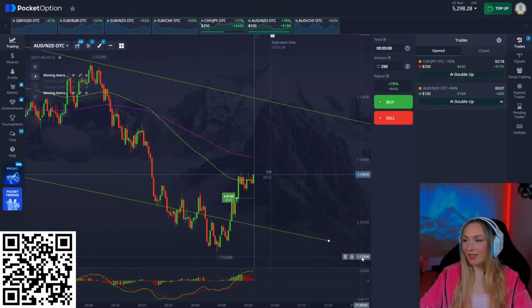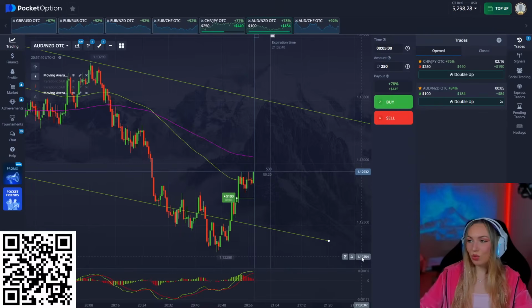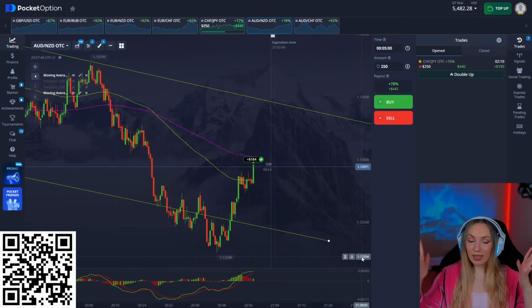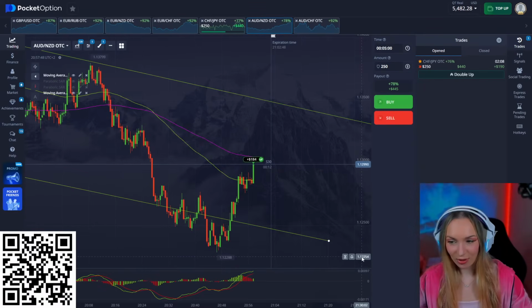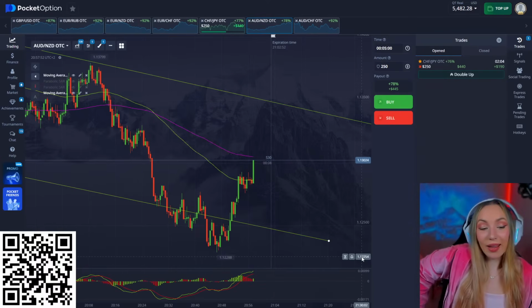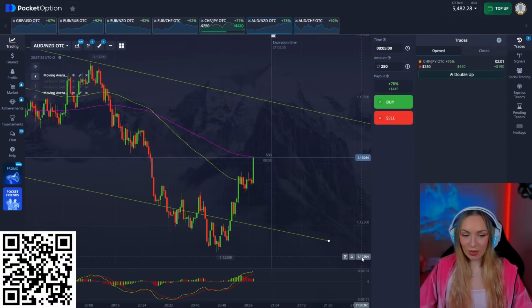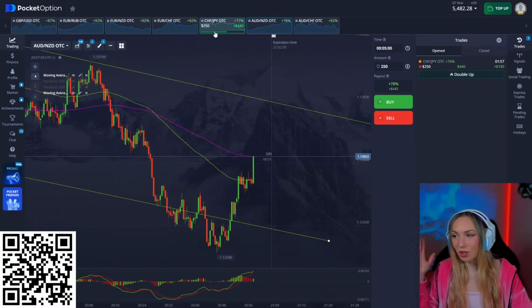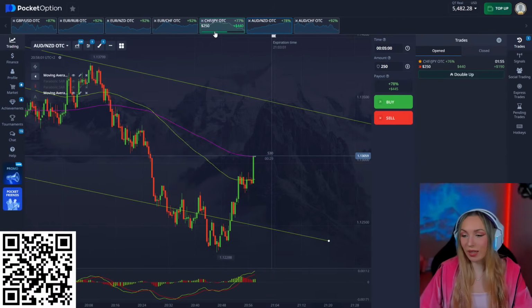Finally. And this one is 100% profitable. $184 is the profit. I am happy. This one was actually a good one, and right now it goes amazingly up. Congratulations to everybody who opened this trade with me.